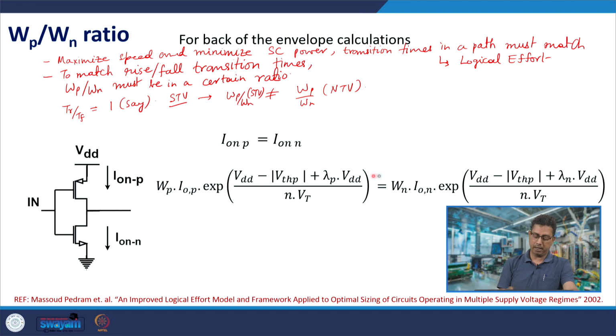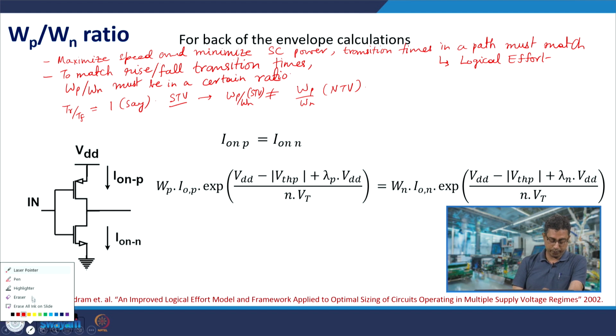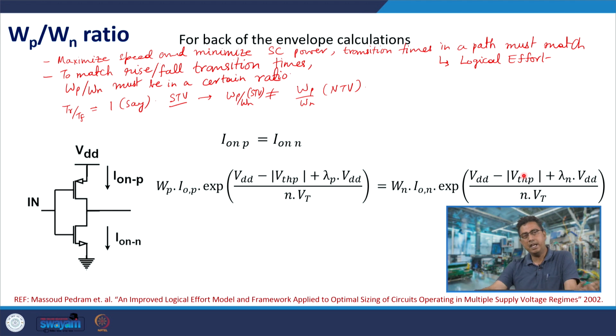So, these are the ion values using simple expressions, though the authors in this paper refer to an ion value which is different from this. But for simplicity we can refer to this, because anyway whatever we estimate is a back of the envelope calculation. It gives us a first estimate.